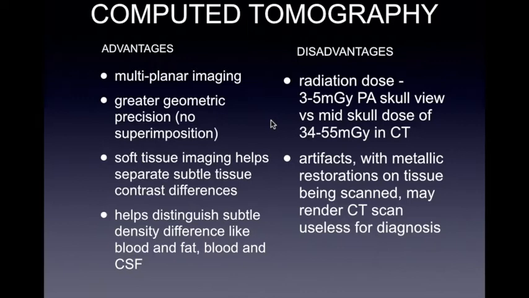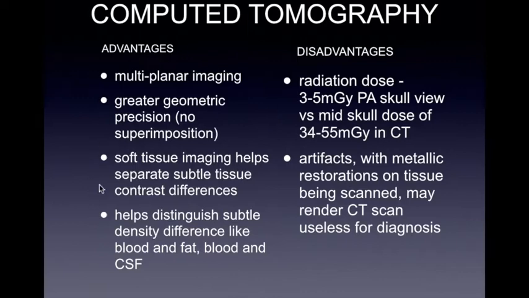To a point, if there are so many metallic restorations, CT scans might eventually become useless in terms of diagnosis because you cannot see anything. You only see scattered images, artifacts that form as metals reflect back the X-rays that we send out. And this is repeated because of the engineering of CT scans.